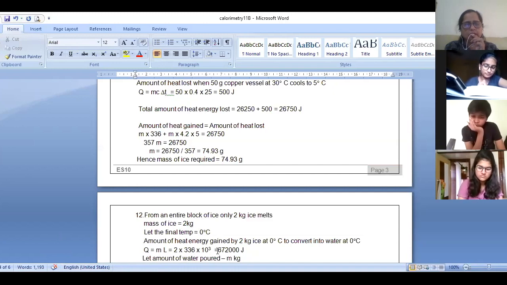So this will be 6,72,000 joules. Okay, so this is Q. Right now, what did I do? I multiplied it by 336 multiplied by 10 raised to 3. So why did I multiply it by 336 multiplied by 10 raised to 3?